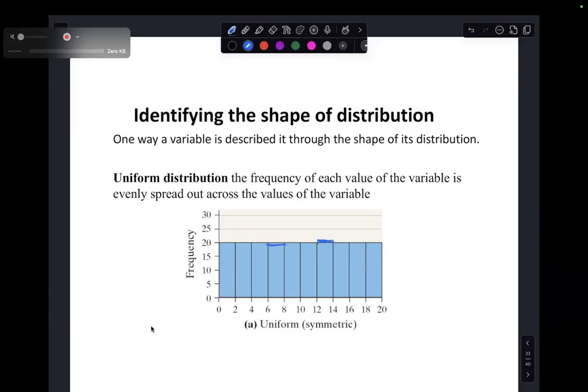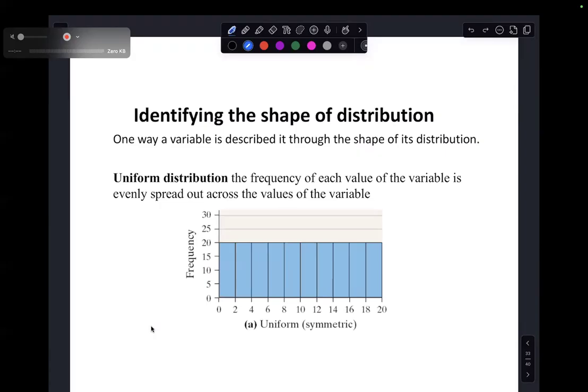But if it is mostly rectangular, then it's uniform, because statisticians don't deal in absolutes. We can say something is mostly uniform or relatively uniform. If it pretty much looks like a rectangle, you can call it uniform. We also say it's symmetric, but we say that with a couple of different ones. Uniform's the best word for that.